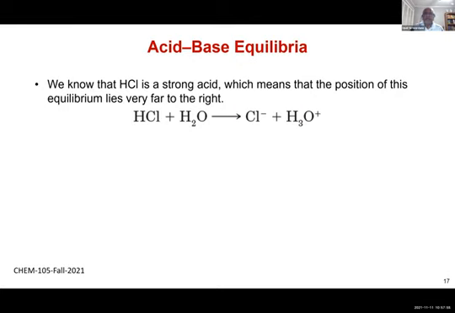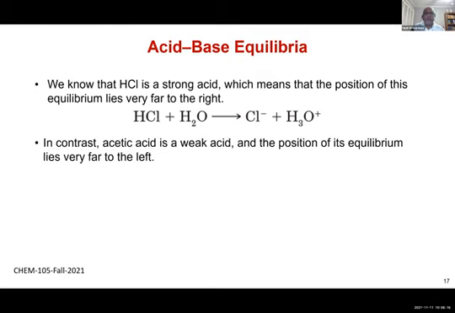Therefore, equilibrium constant is 0. Equilibrium constant is very large, not 0. Product concentration is higher. Therefore, equilibrium constant is very large.